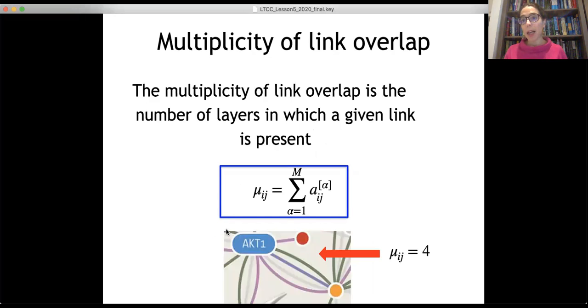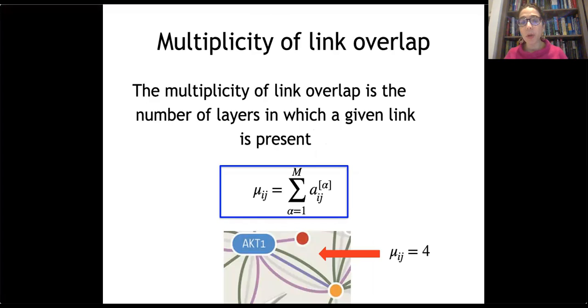A naive way to characterize this link overlap could be just to characterize the multiplicity of link overlap. So for each pair of nodes, in how many layers they are connected. And this is a number, for instance 4 in this case, but it is a number in which there is no distinction between the different valence, the different nature of the interactions.